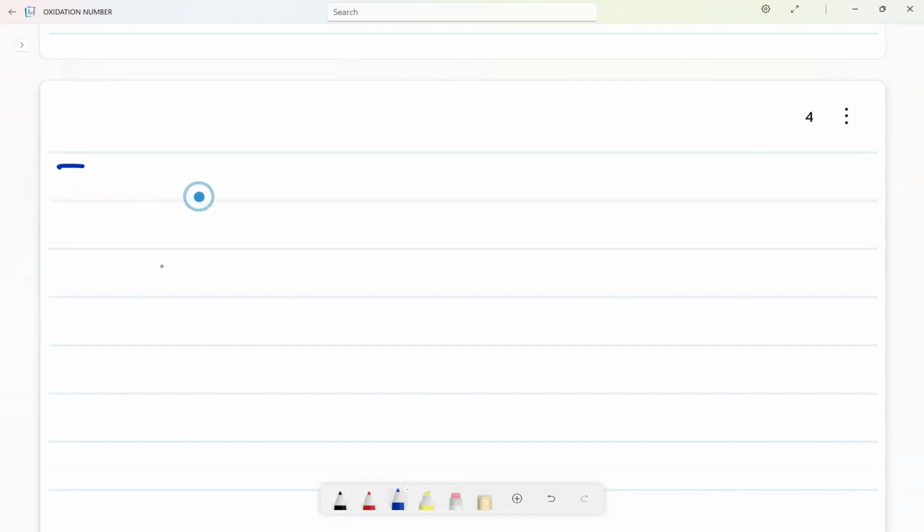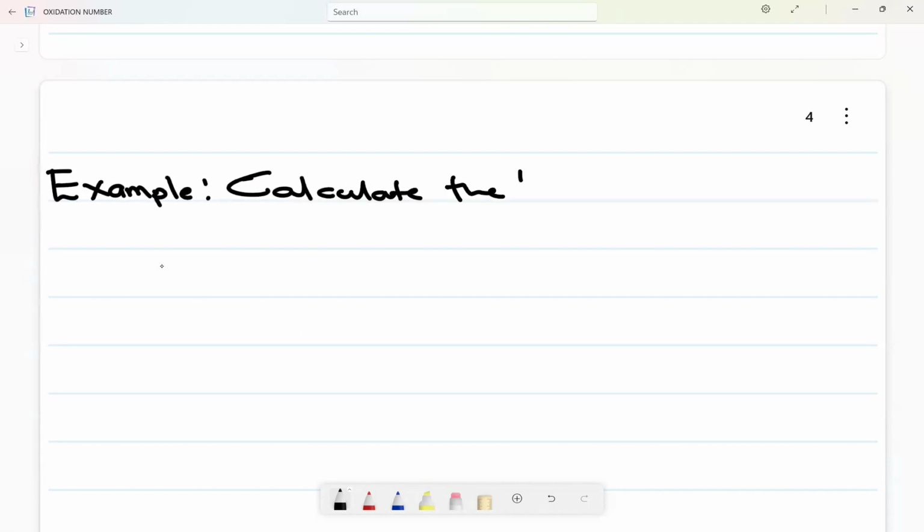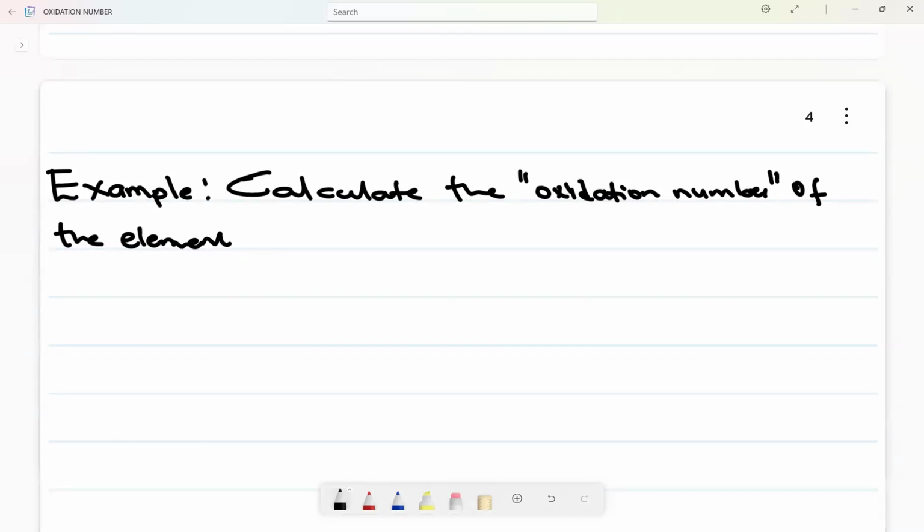Example. Calculate the oxidation number of the elements mentioned in a compound.